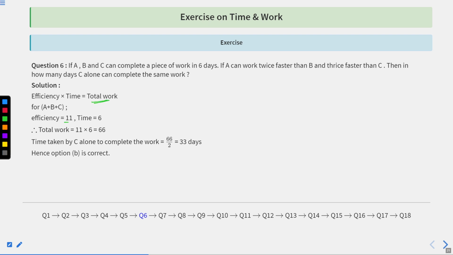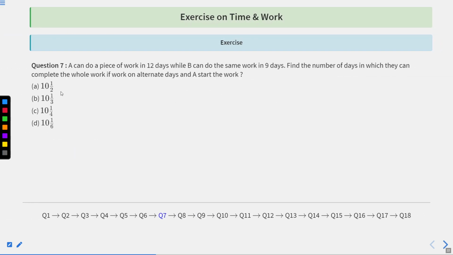The efficiency is 11 and the time is 6. Therefore, the total work is 11 into 6, that is 66. So the total work that needs to be done is 66 units. And the efficiency of C is known to us. So we can use it to find out the time taken by C alone to complete the work, that is 33 days. So the option correct here is option B.